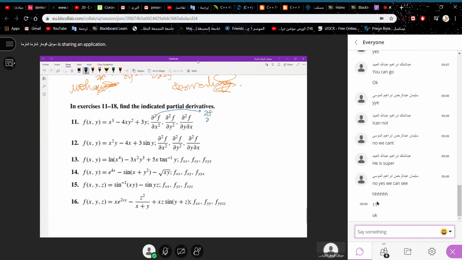Del f upon del x is equal to 3x square minus 4y square. Del 2f upon del x2 equal to how much? 6x. Del f upon del y equal to how much? Minus 8xy plus 3. Del 2f upon del y2 equal to how much? Minus 8x. Del 2f upon del x del y equal to how much?